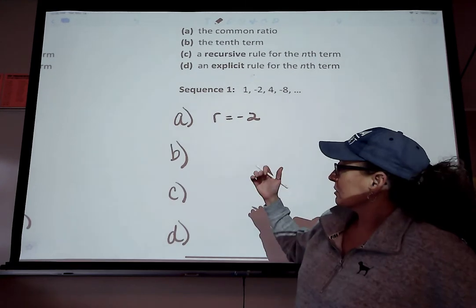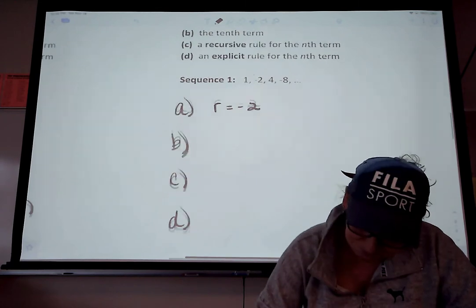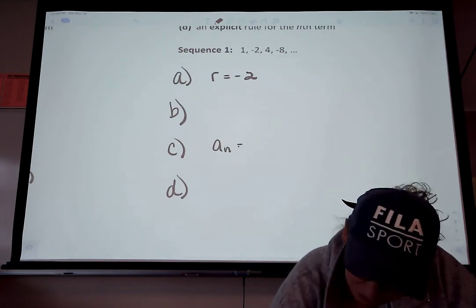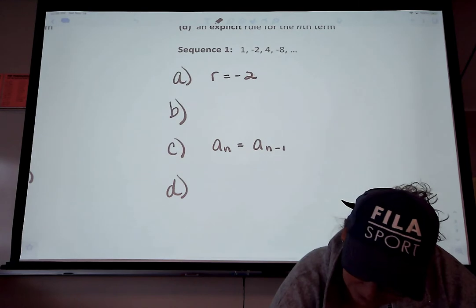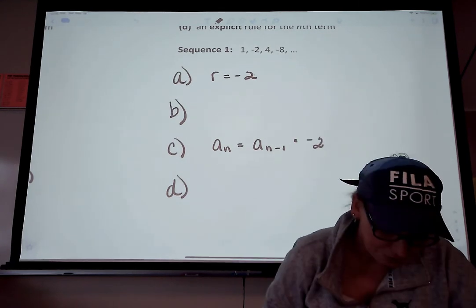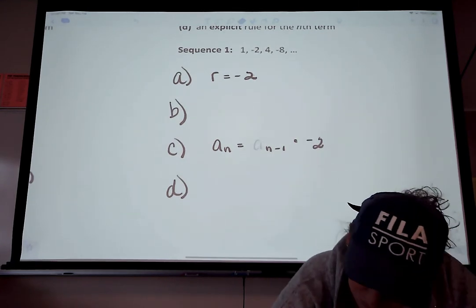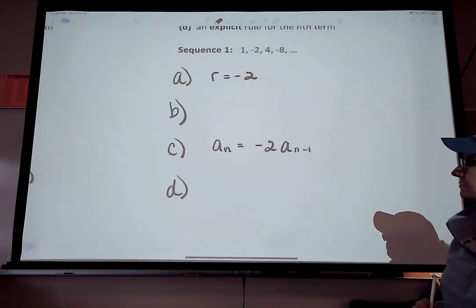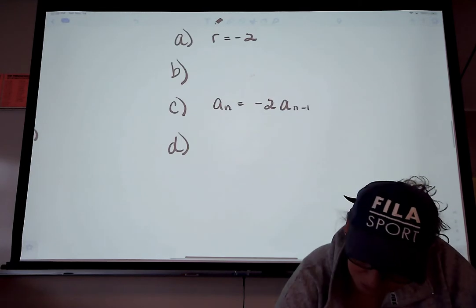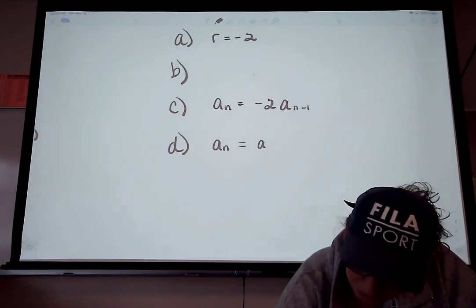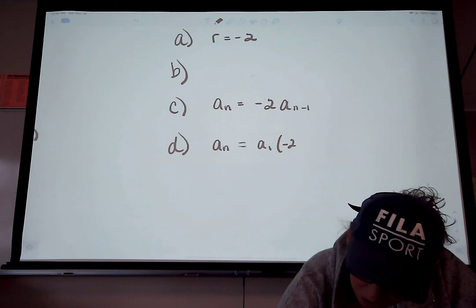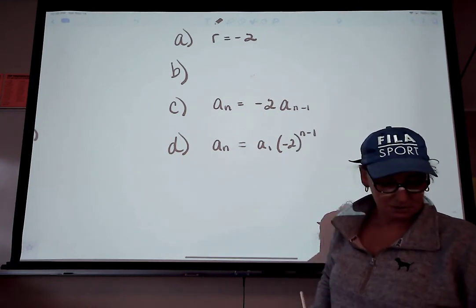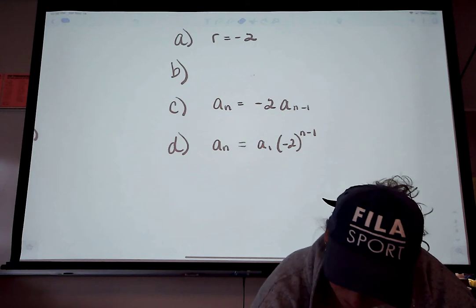Let's go ahead and get our recursive and explicit formulas. The recursive is take your previous term times -2. Explicit formula, to get a term, take your first term, multiply by r this many times. Oh, hold on, first term.